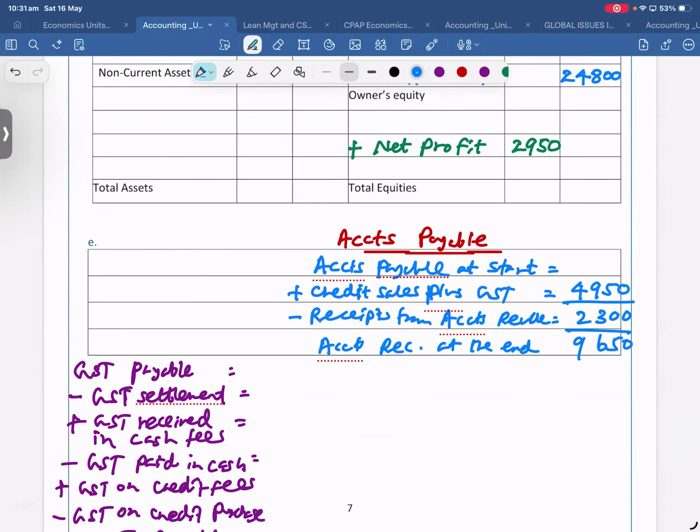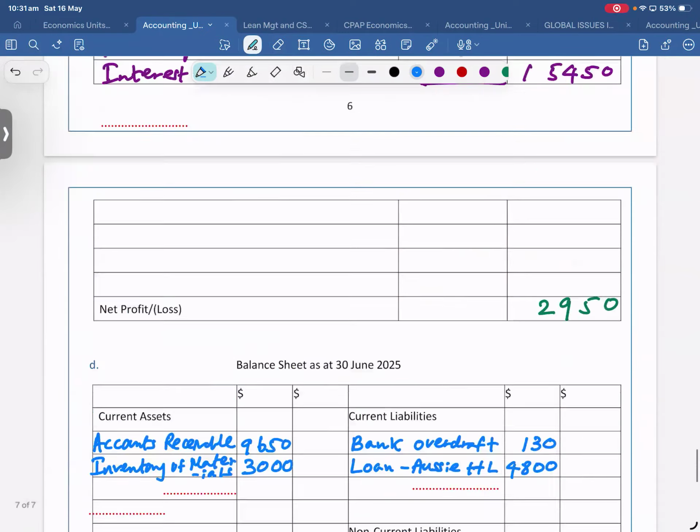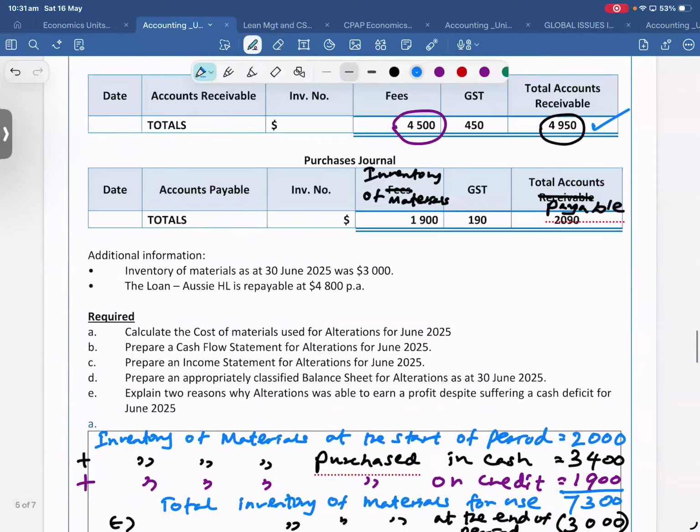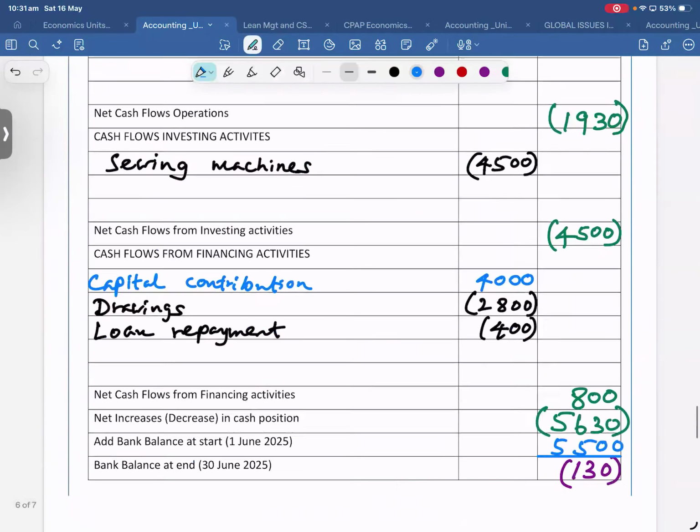Then I'm going to change this one, which is credit purchases, not sales, plus GST. Where can we find it? Purchases journal. So the purchases journal is giving us 2,090.